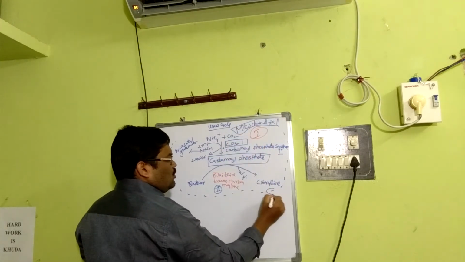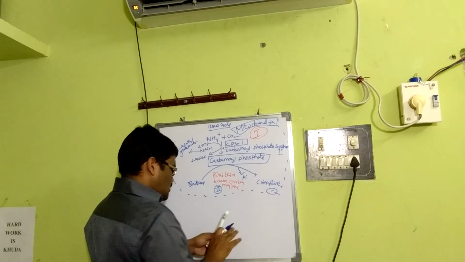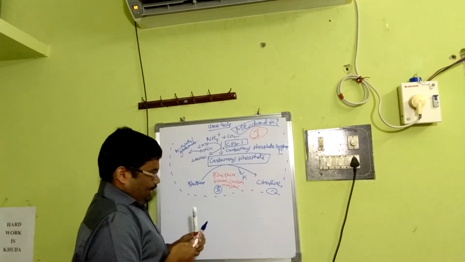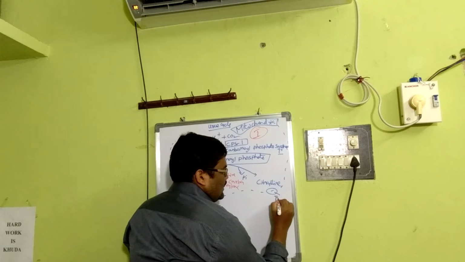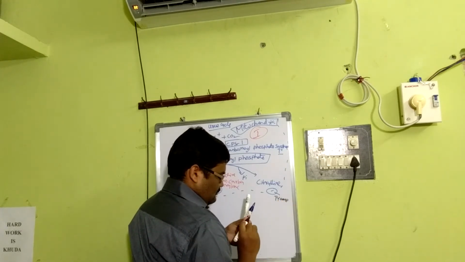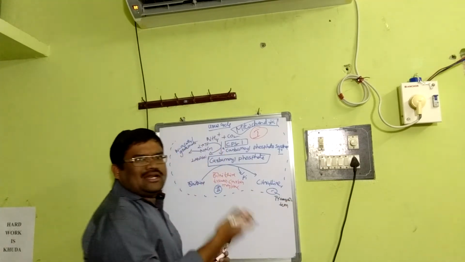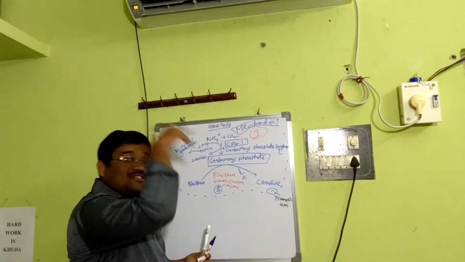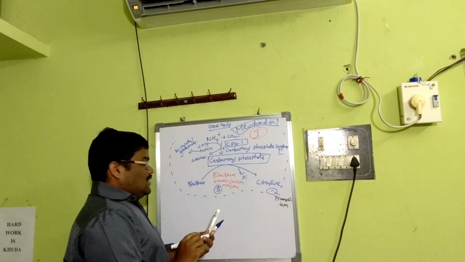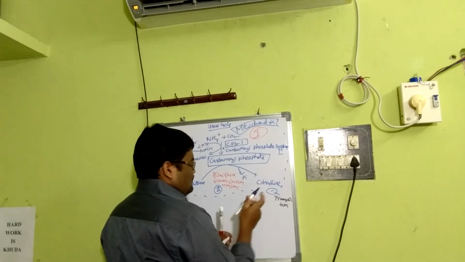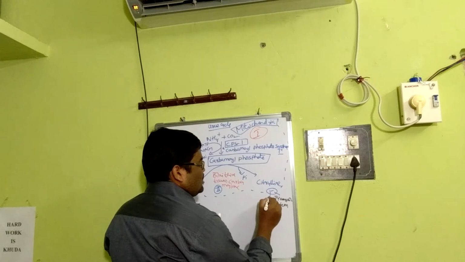Then through transporters, just like we were discussing in the previous class on membrane transport, the citrulline will come outside, that means out of the mitochondria into the cytosol.